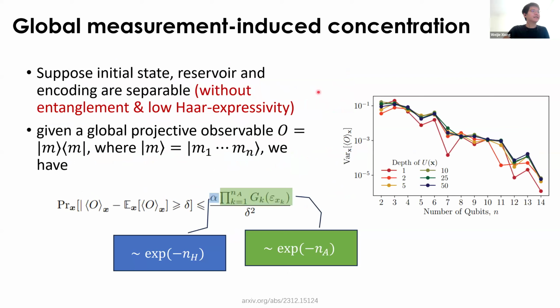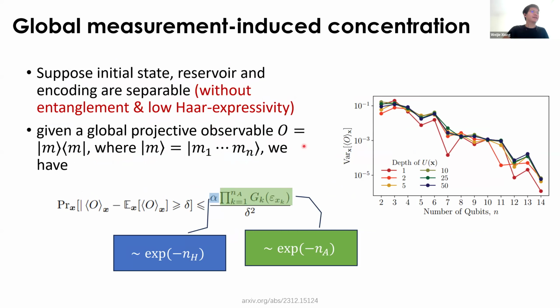And the third source is global measurement. For this, we assume that all the initial states, the reservoir, and the encoding unitaries are separable, because we want only the measurement part to have the globality, and we exclude the entanglement from the reservoir and the expressivity from them.